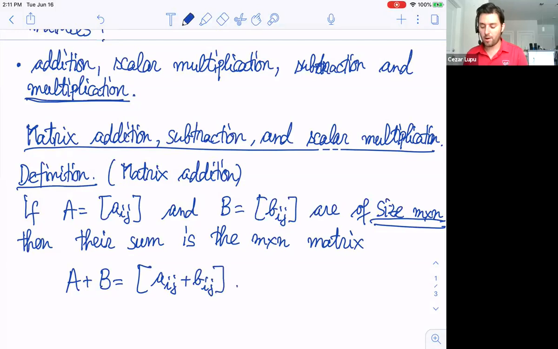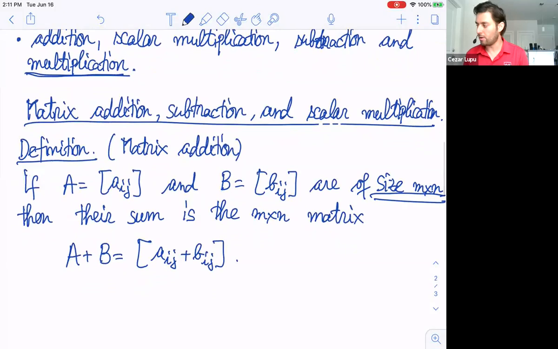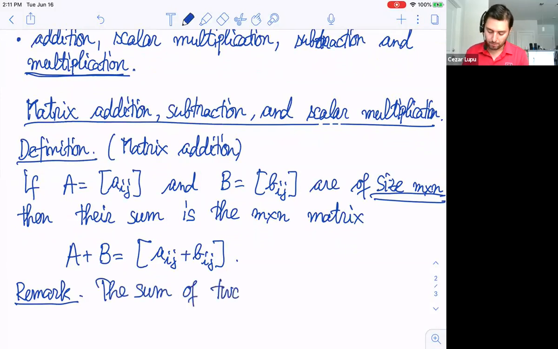Now, I said it here clearly that the two matrices must be of the same size. So let me point out the remark here: the sum of two matrices of different sizes is undefined.